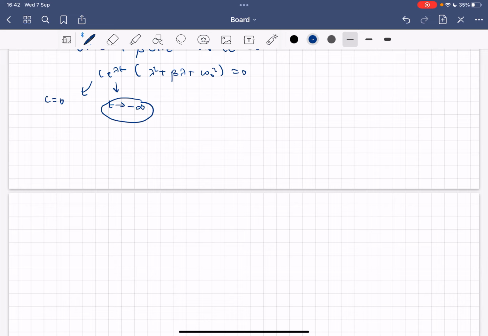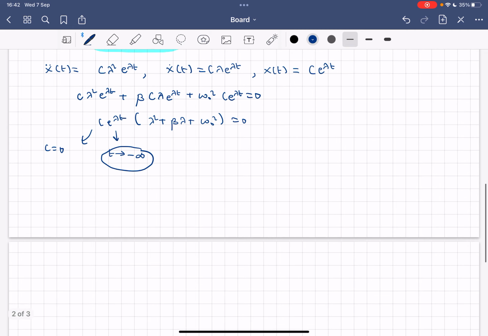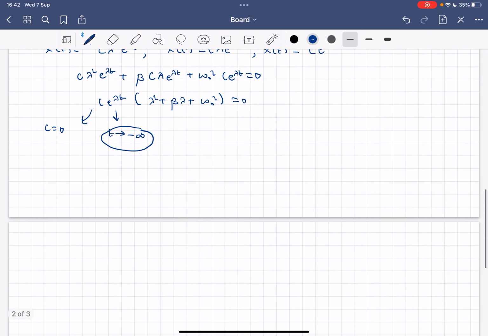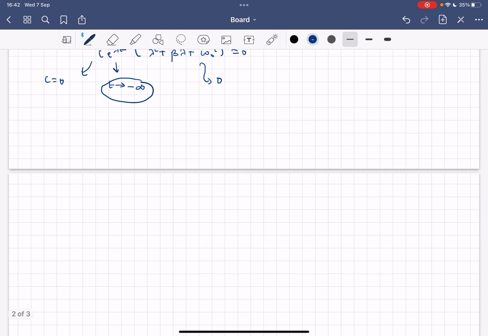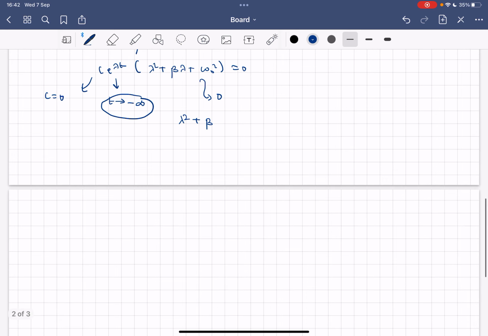So for this differential equation to be true at all times, or for the solution to be the solution for all times, I would set this thing to 0. And if this thing is 0, then it works for every time. So we have lambda squared plus beta lambda plus omega naught squared equals 0.